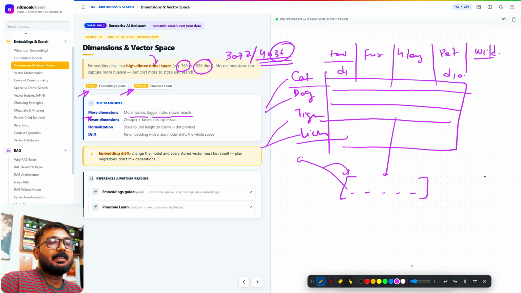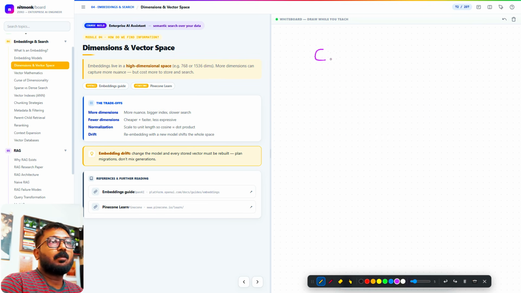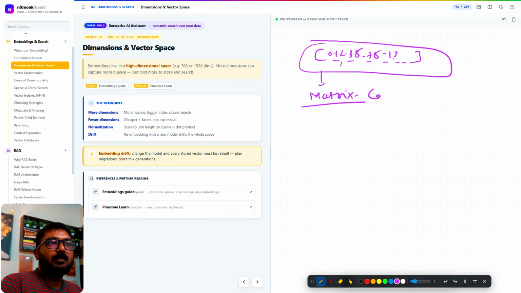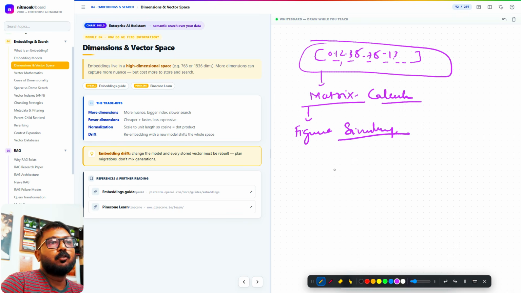As soon as these matrices are available with us, these numbers, 0.35, 0.75, -1, 2, all these numbers, with matrix calculation we can figure out similarity, how close two matrices are.